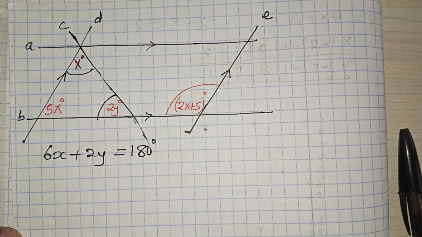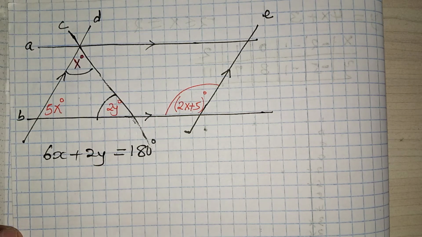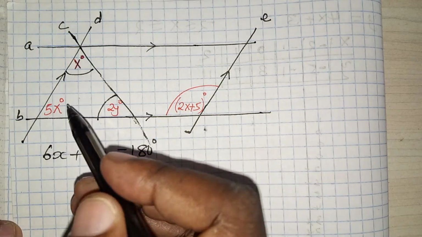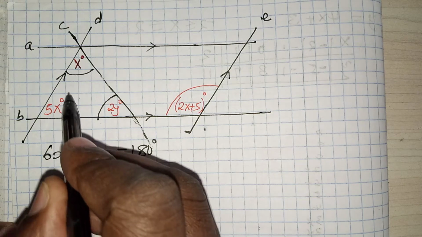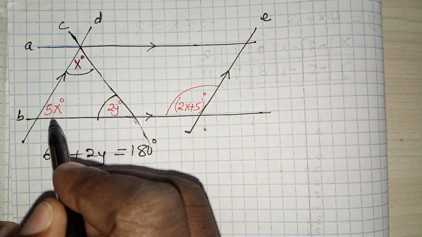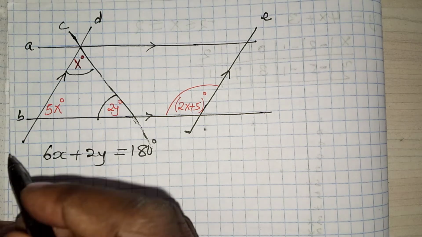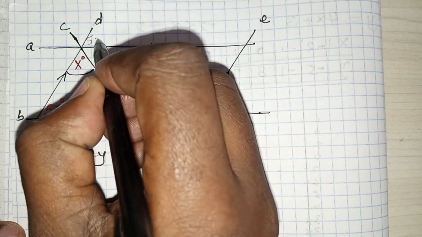Then let us closely look at the diagram and identify a few things. First of all, we must remember that if this angle is 5x, then it follows that this angle is also 5x.